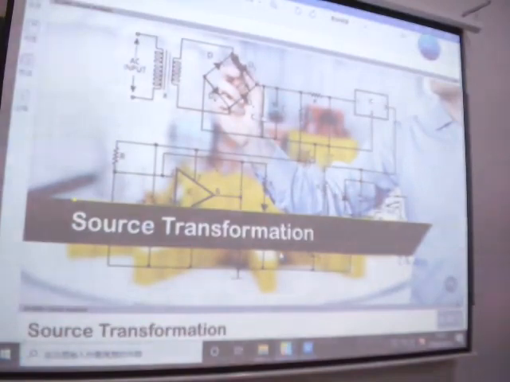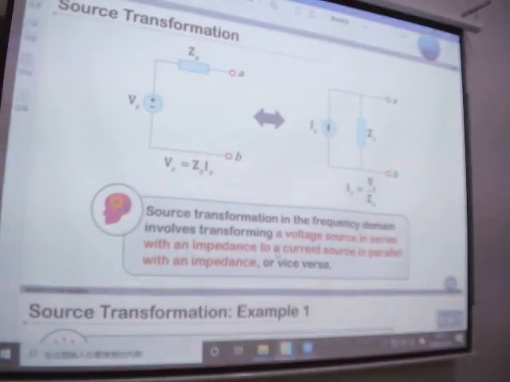Okay, now we're going to see the section on source transformation. That means how to transfer a current source to a voltage source and how to transfer a voltage source to a current source, accompanied with some impedance. Let me have a look.